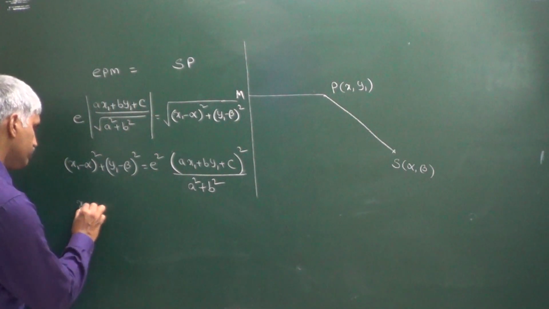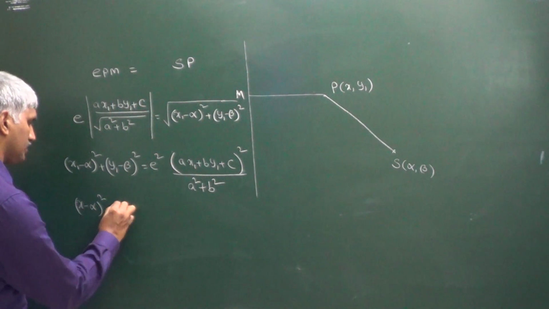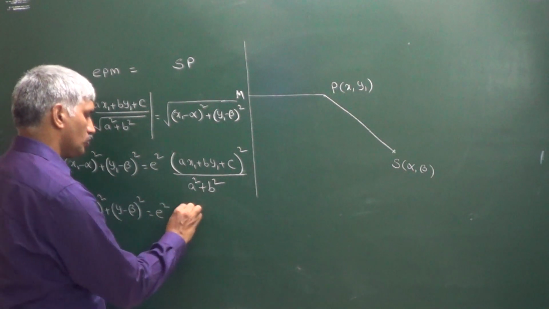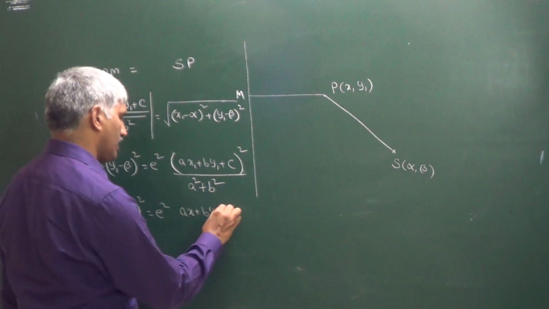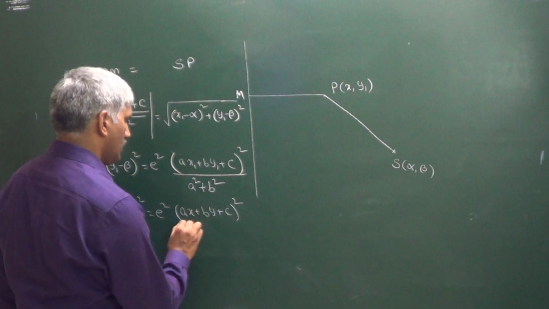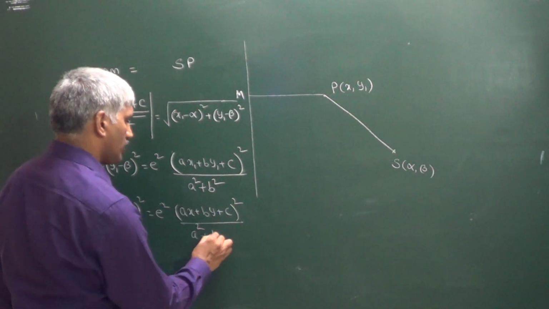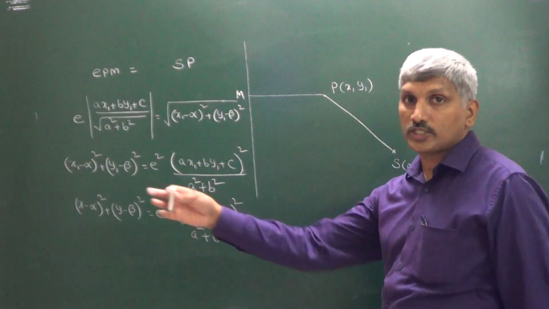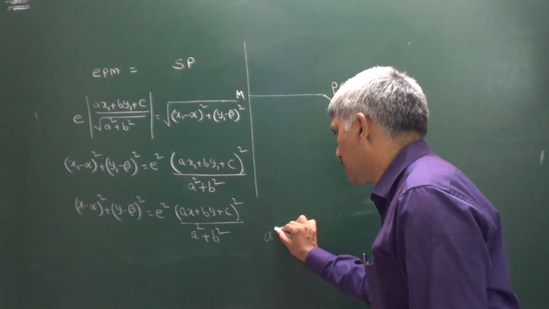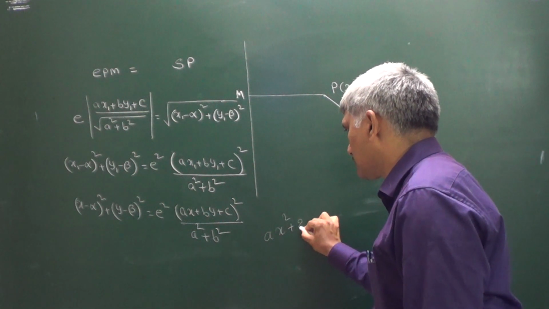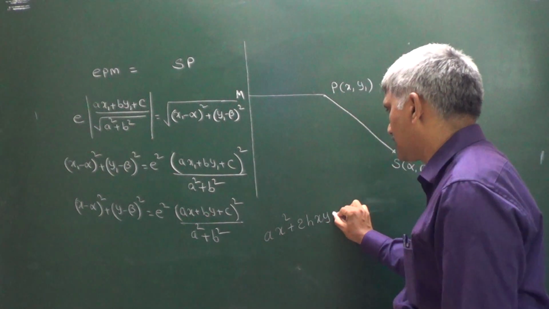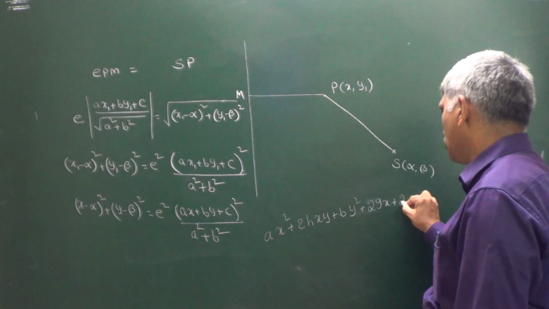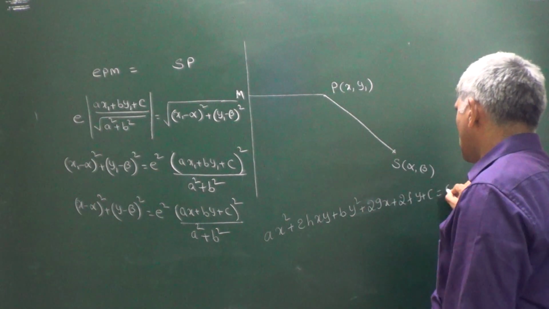So we get (x minus alpha) whole square plus (y minus beta) whole square is equal to e square into (ax + by + c) whole square divided by a square plus b square, and that is the locus of the point P. Now if you simplify this equation, it will definitely take this form: ax square + 2hxy + by square + 2gx + 2fy + c = 0.